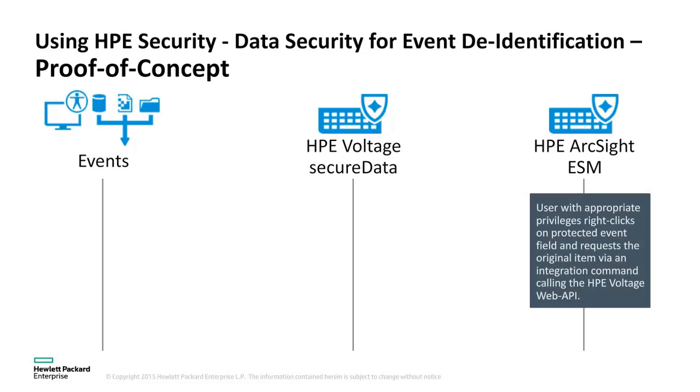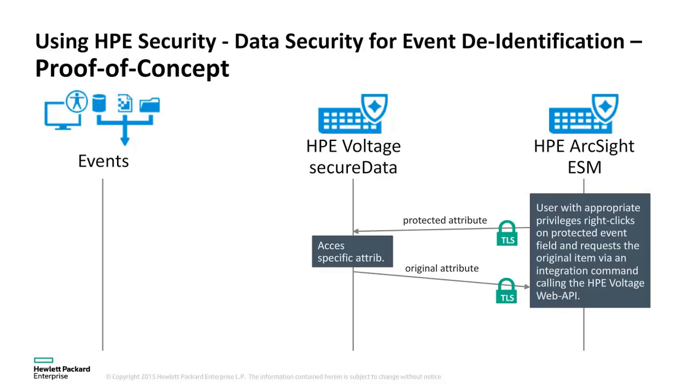In order to gain back the original username and de-tokenize it, all the authorized security analyst has to do is right-click on the specific de-identified username and issue an integration command from within the ArcSight console to the Secure Data Web API to get back the original attribute.